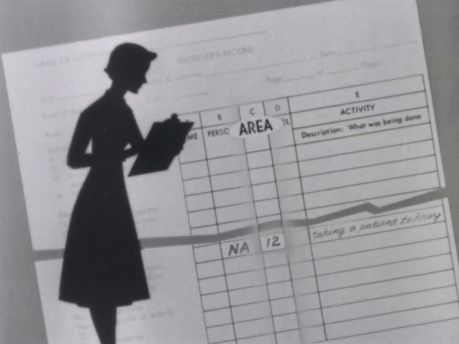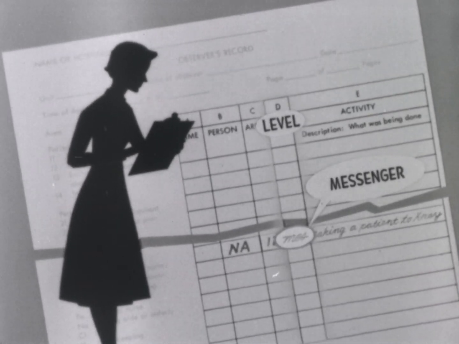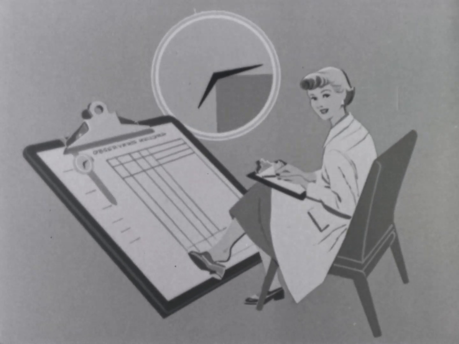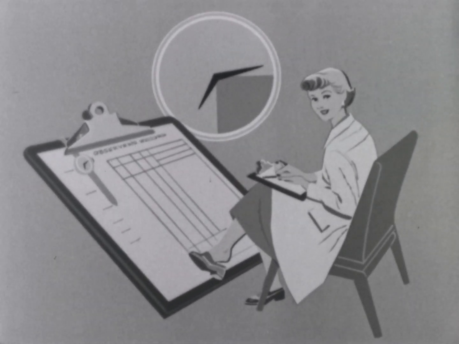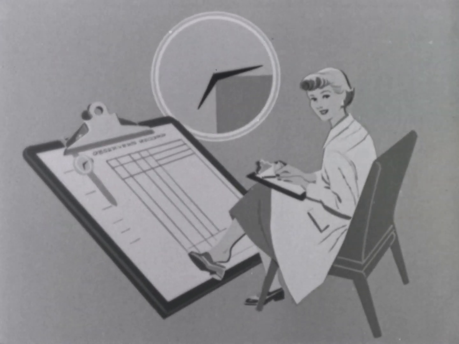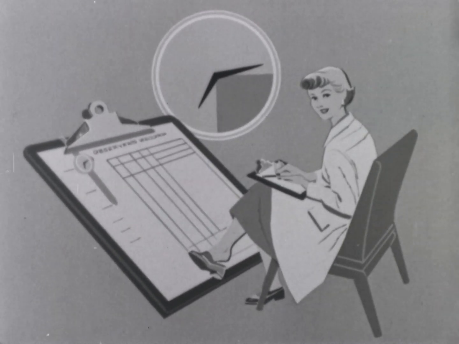Then code it by area, then by level. The observer now waits until the next 15-minute interval is to begin before making any additional observations. Because her 15 minutes aren't up, she relaxes.